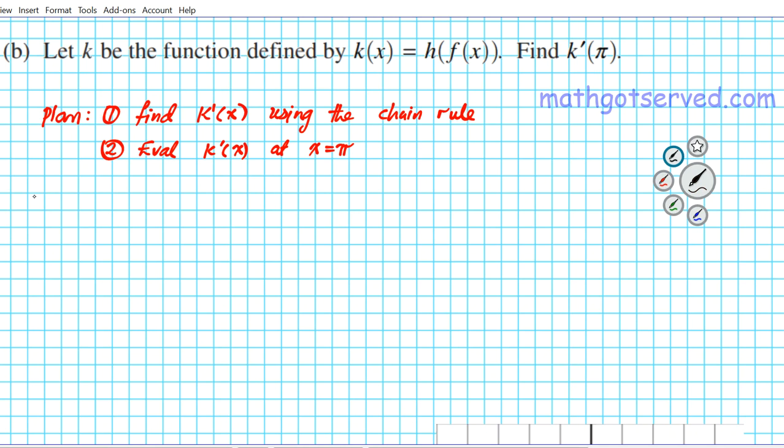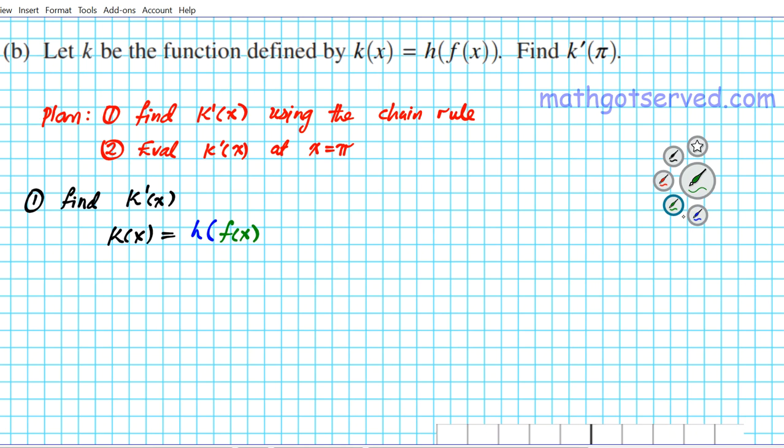So for part 1, we're going to find the derivative at any point, k prime of x. We have k of x, which is a combination of h and f. You know what? Let's color code it. Let's make it look pretty here. So k of x is equal to h composed with f of x.